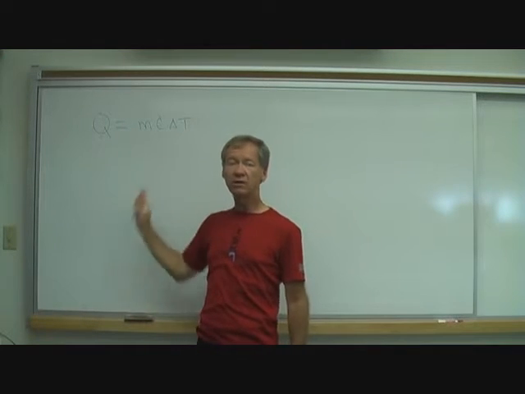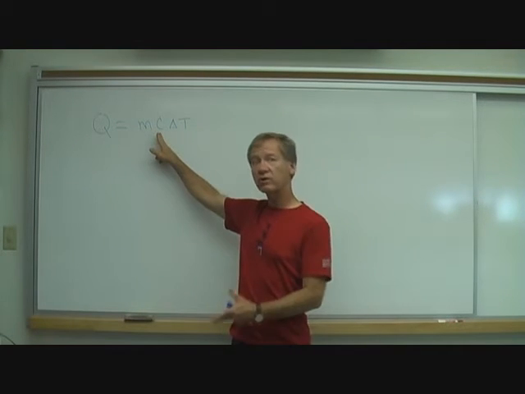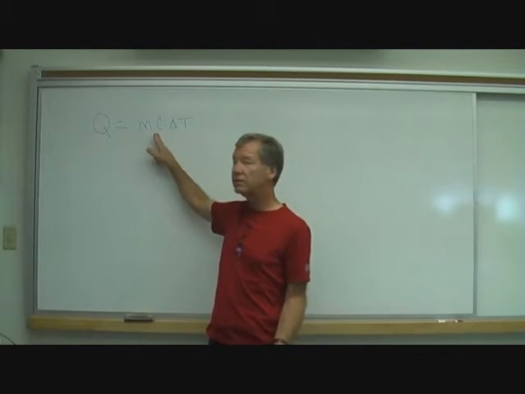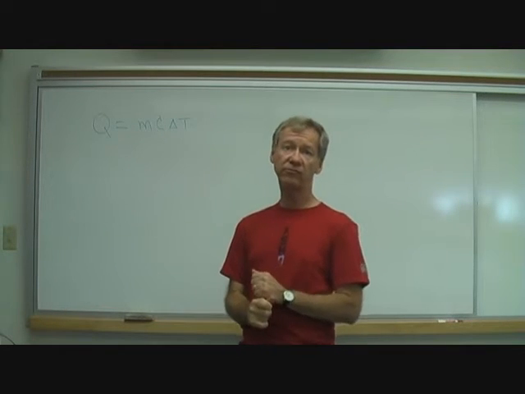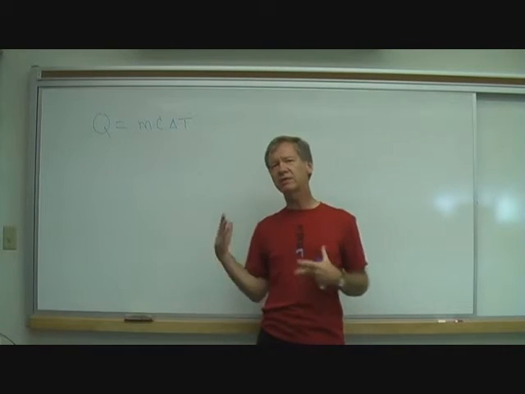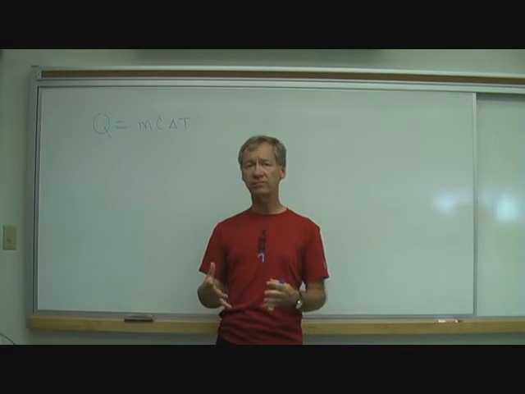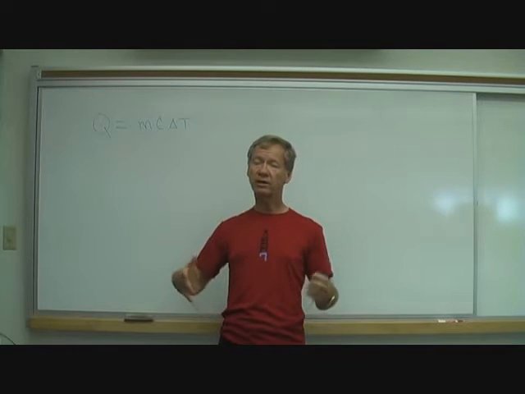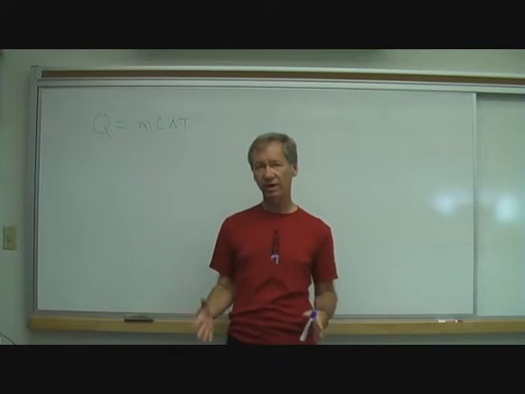So it's a linear relationship between the heat and the temperature change. This is for solids and liquids. And each solid and liquid, of course, has its own specific heat. And the M is how much of that material do you have. Now, one thing to notice is that we don't have any conditions here for how this material is being heated. What is the pressure, or if the volume changes, or whatever.